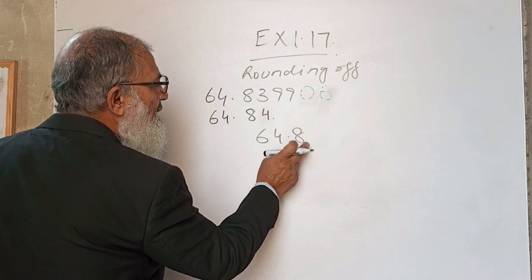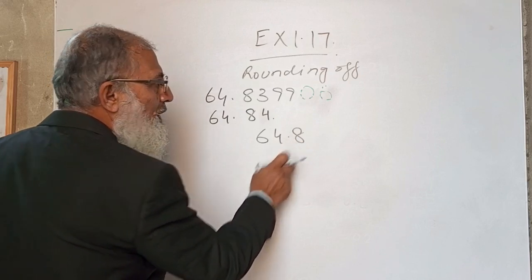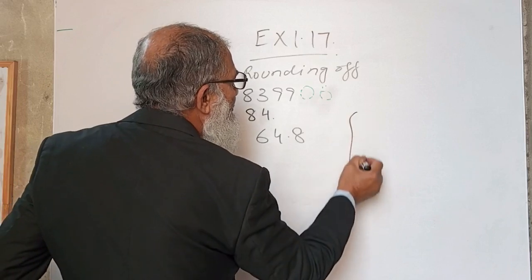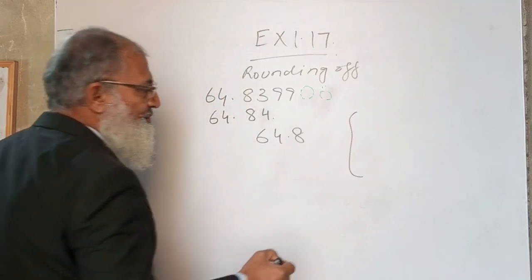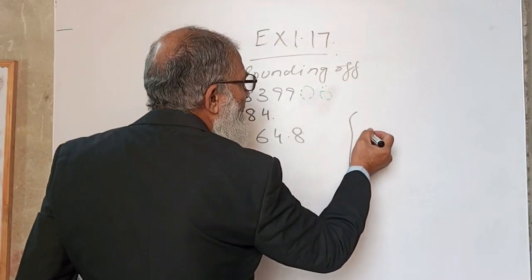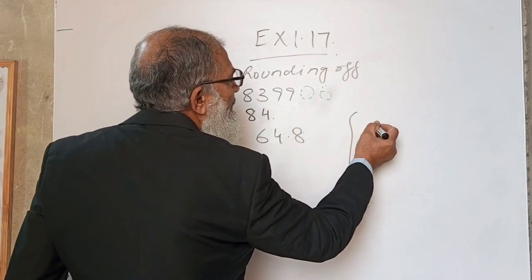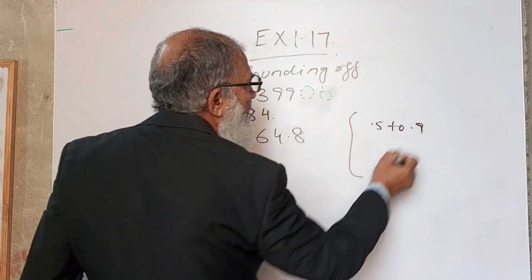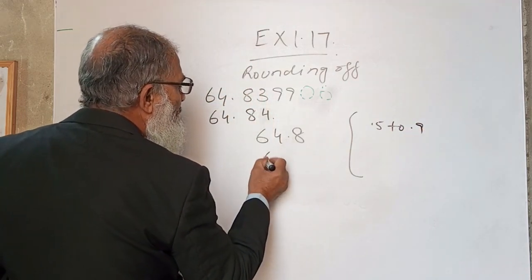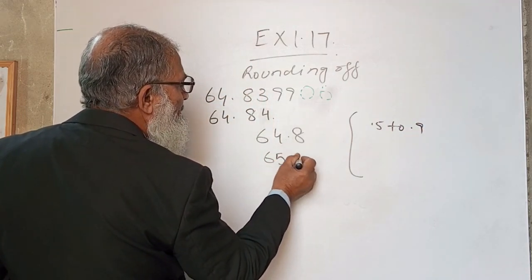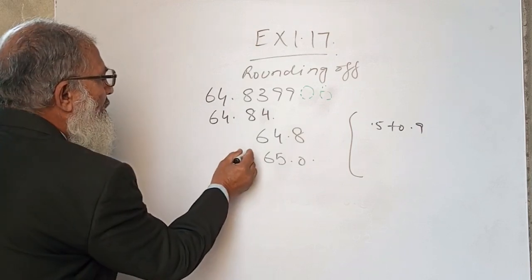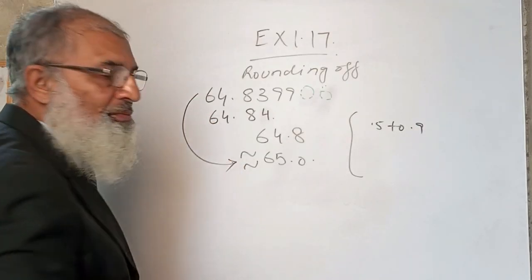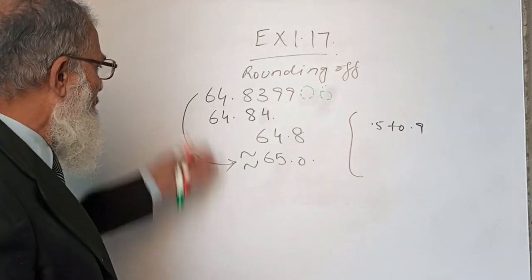And now you see that this 0.8 falls in my next category, that was 0.5 to 0.9. Now I do it like this, that this is almost equal to this. This is called rounding off.